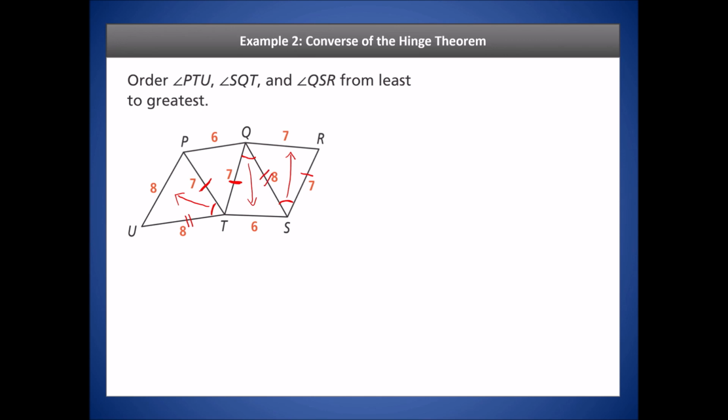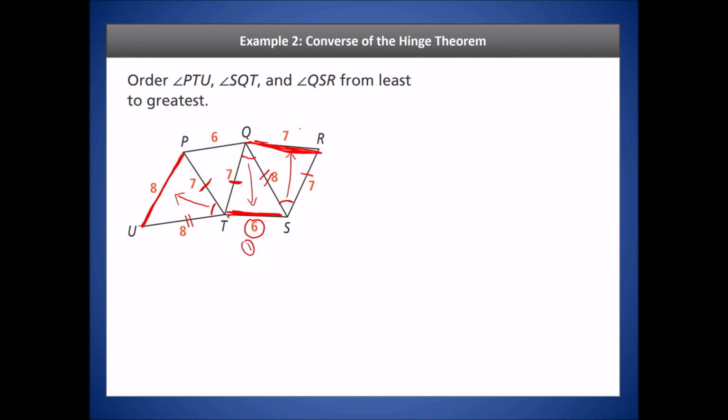Okay, and so now you can see that each triangle has two pairs of congruent sides between them. So we can use the Hinge theorem here. So the included angle between those two congruent sides. So we're comparing PU, we're comparing TS, and then we're comparing QR. So if we were to compare those, well, we can see that this is the smallest, right?